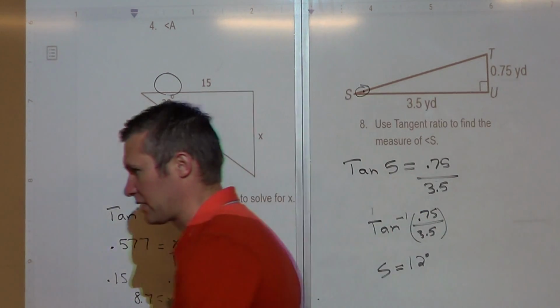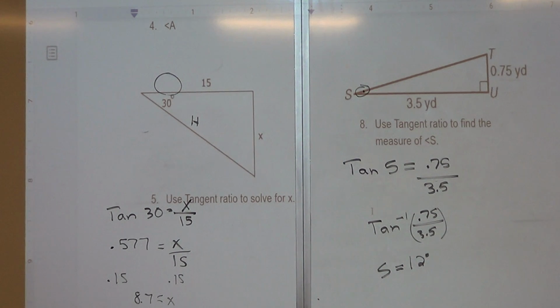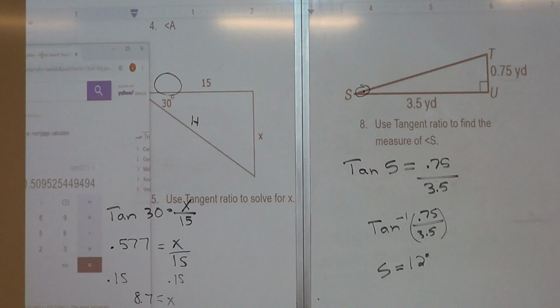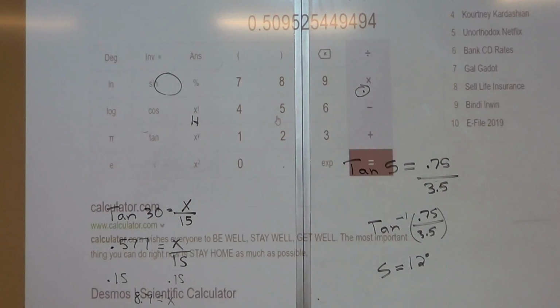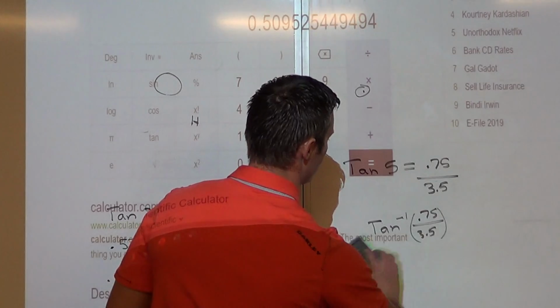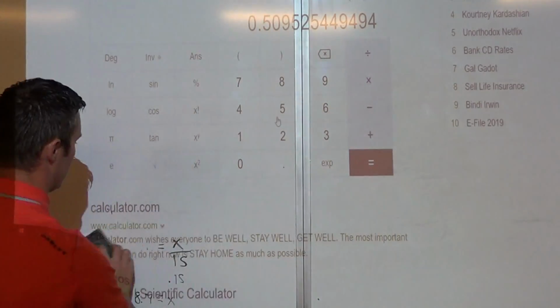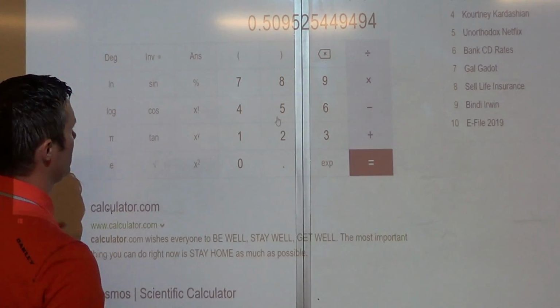I'll show it to you real quickly on your calculator. So when you go to your calculator, anytime I find the angle measurement, I have to do the inverse function. Let me scroll so you can see it. So I want to do the inverse function. First of all, I make sure it's in degrees. So I look at it. See, it's in degrees, so we're good.